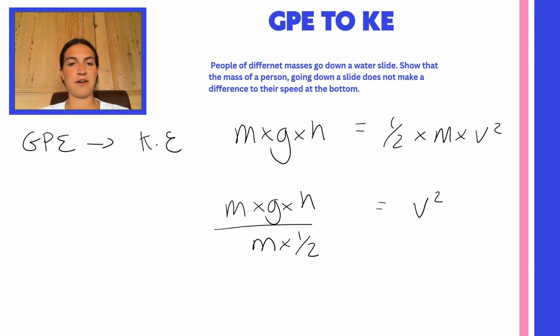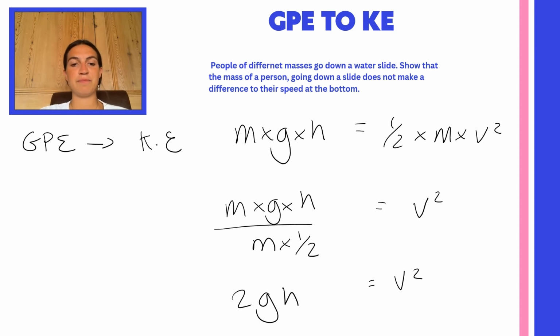If I rearrange that equation, so I take that left hand side and divide it by a half times m, that leaves me with v squared on the right hand side of my equation. So to get an expression for their velocity v, I first need to simplify that left hand side.